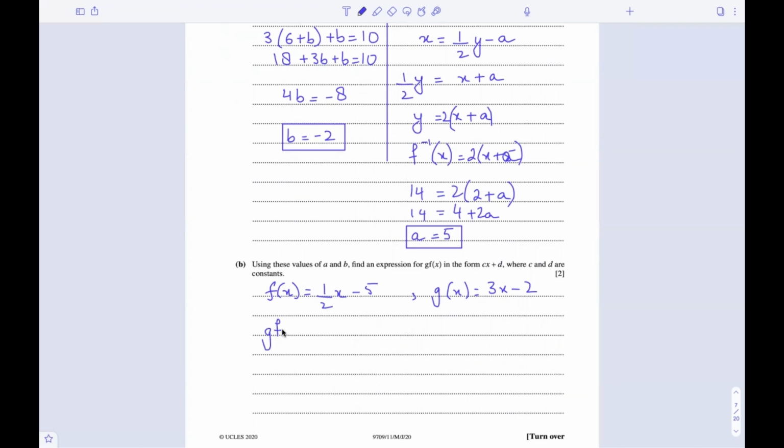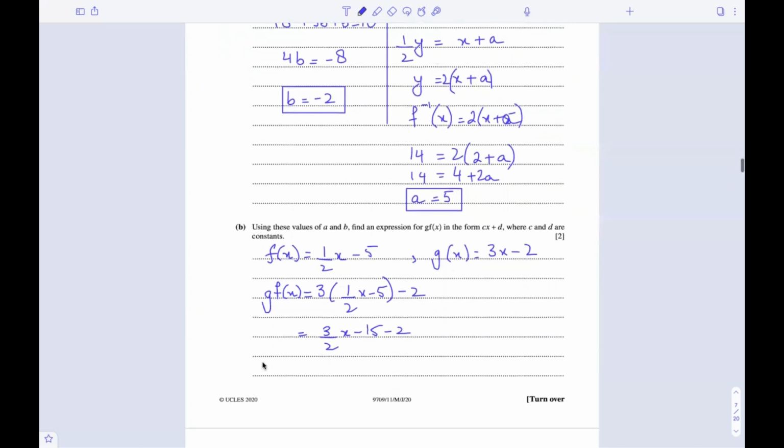So g f of x equals 3 times half x minus 5, minus 2. This will become 3 upon 2 x minus 15 minus 2. Simplifying this, we get g f of x equals 3 upon 2 x minus 17.